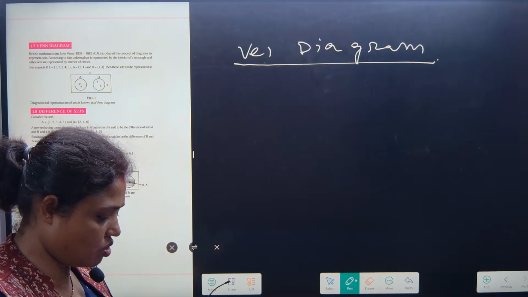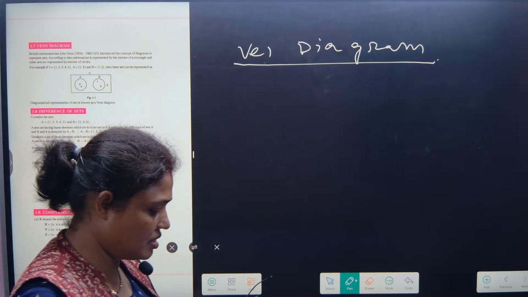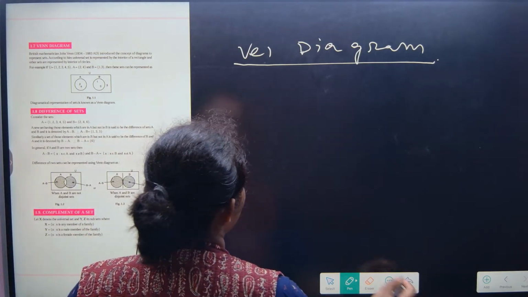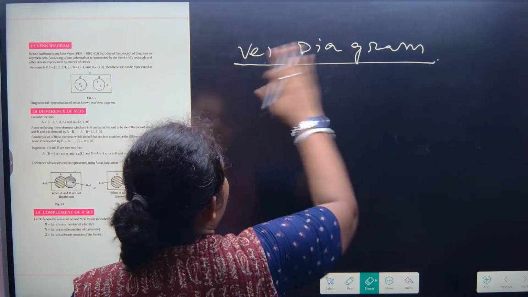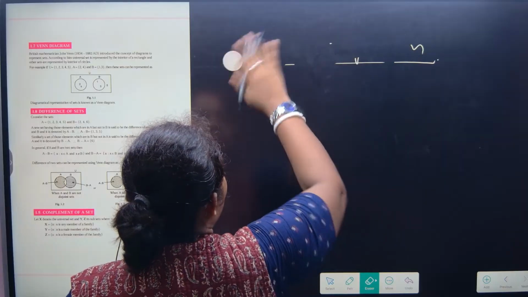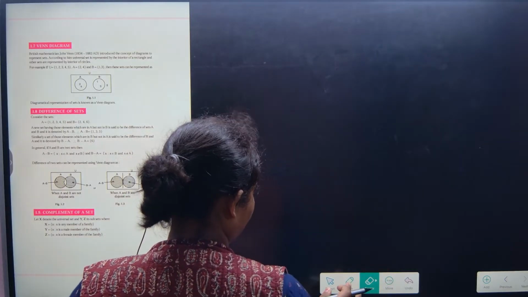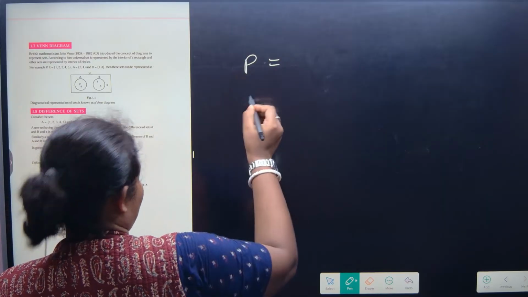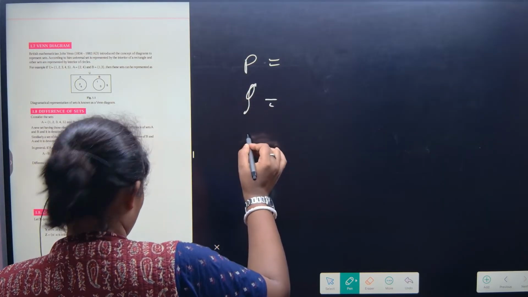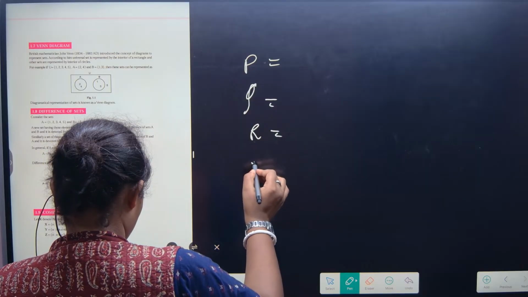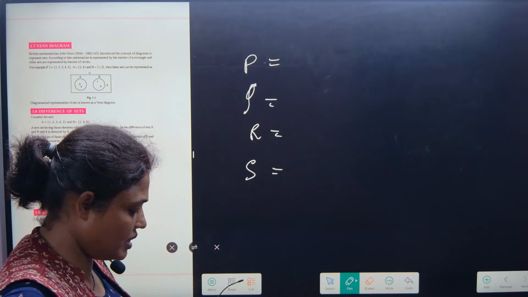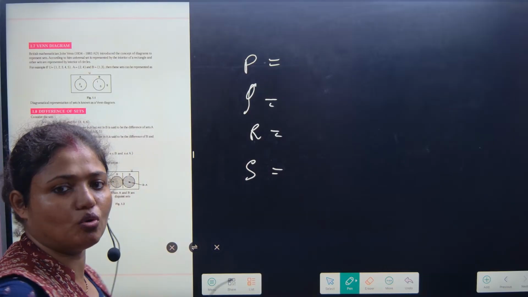Question number 4. Which of the following sets is not finite? Here we have P, Q, R and S. What is P? The colors of the rainbow, right?